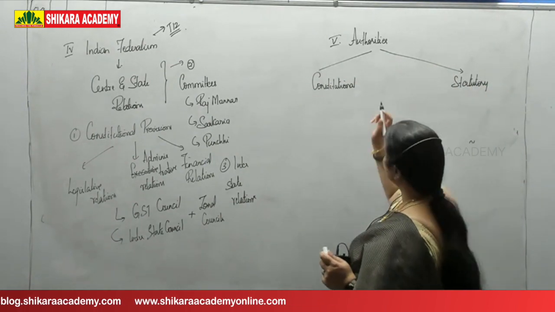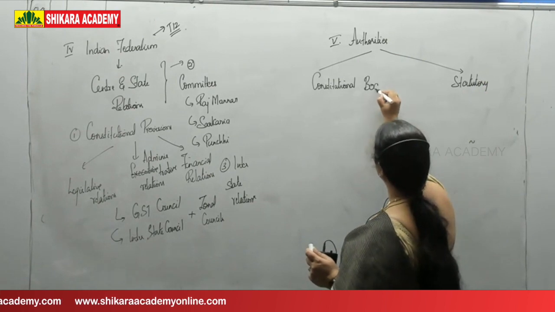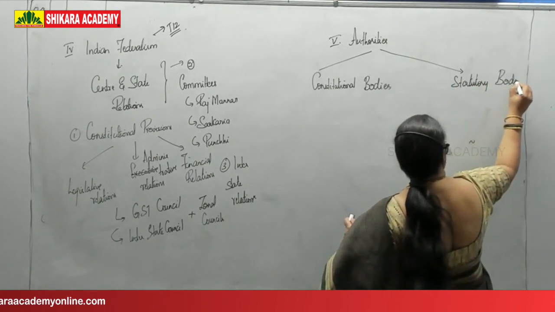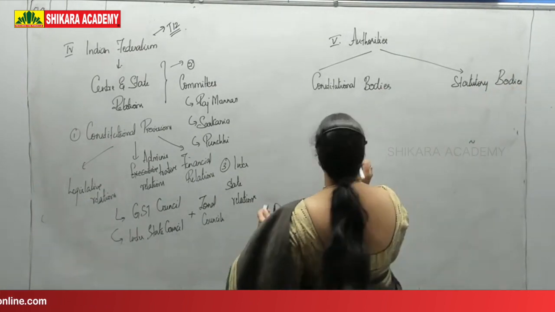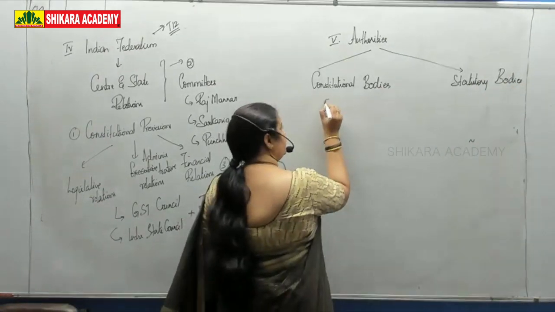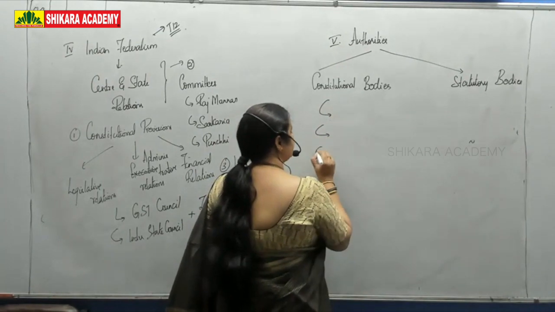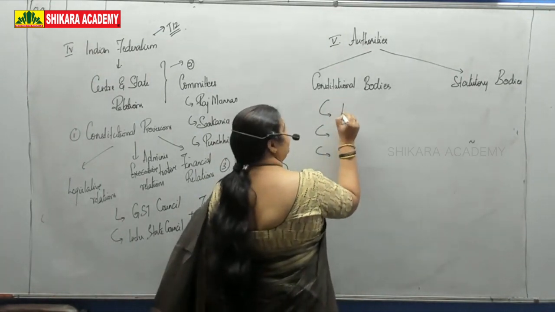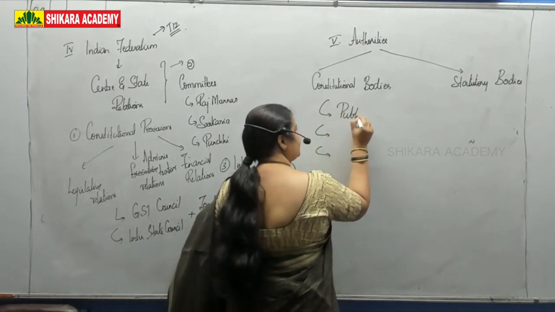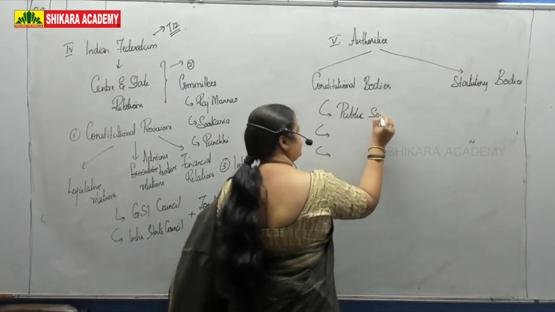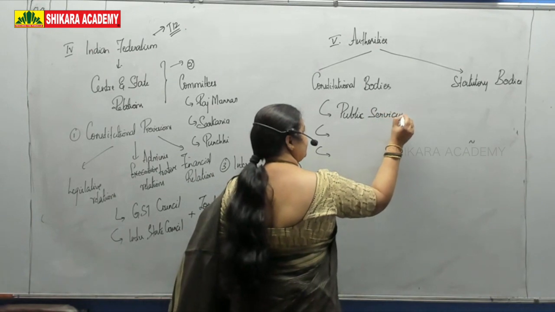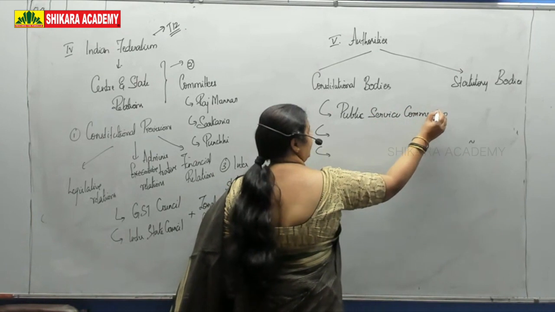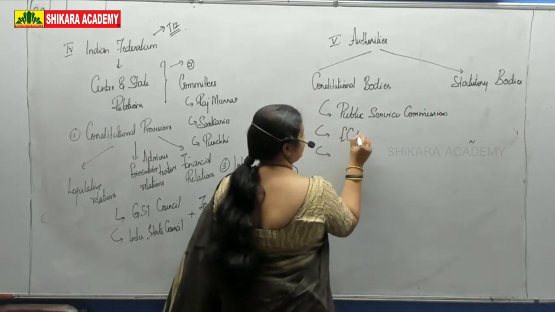So we are going to discuss constitutional bodies and statutory bodies. Now, constitutional bodies, this is how it goes. The first we are going to discuss would be public service commissions, like State Public Service Commission. I'm sure you must have heard of UPSC. Okay. The next is Election Commission of India.